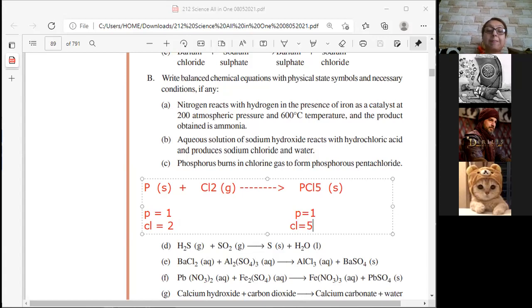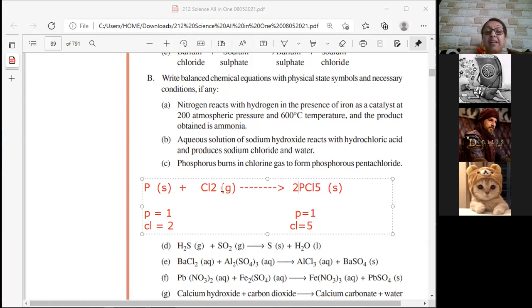How do I balance it? You have to put 2 in front of the PCl5. Okay, then what do I do?